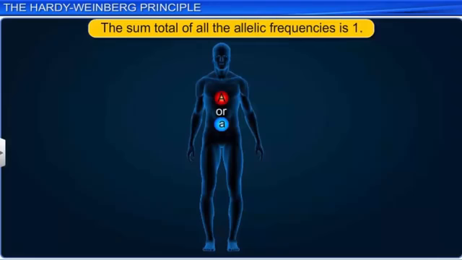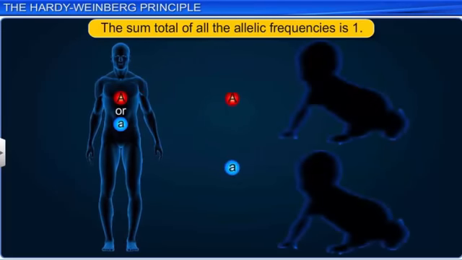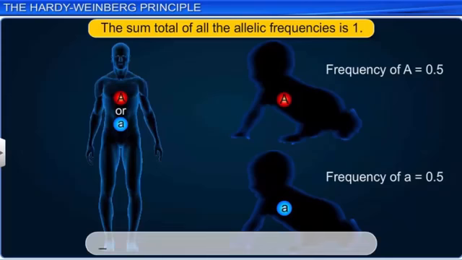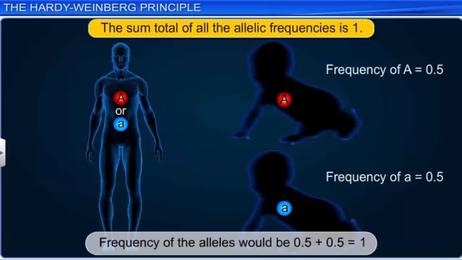Generally, there are two forms of a gene, that is, two alleles for one character. Each of these alleles has an equal chance of getting inherited. Therefore, the frequency of the alleles would be 0.5 plus 0.5, which is equal to 1.